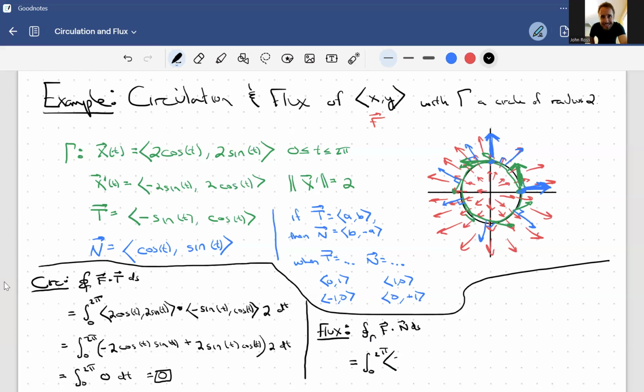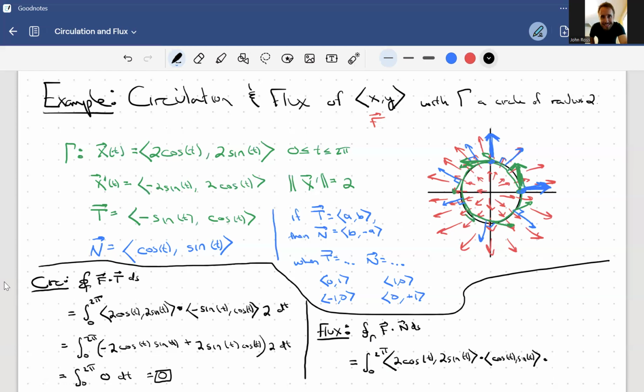F of x of t was 2 cos t, 2 sine t. But then we're going to dot that, not with negative sine comma cosine, which is what we had for our unit tangent vector, but instead with cos t, sine t for our unit normal vector.